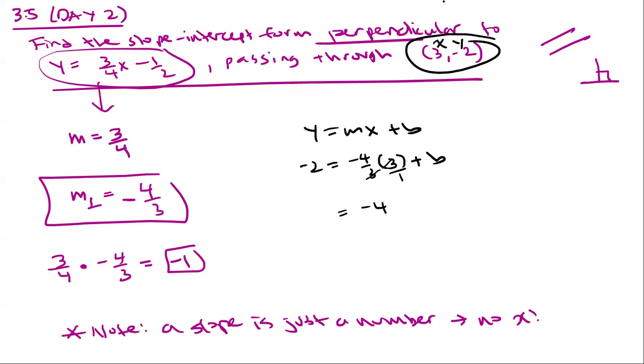So that gives me -4 plus b equals -2. And then we just solve for b. So we're going to add 4 to both sides, and we get 2 is equal to b.